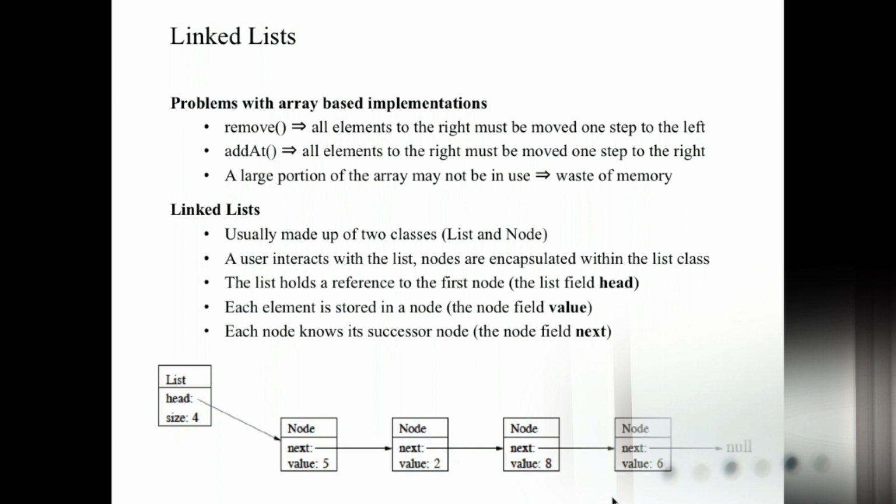Okay, and in this node class, we have two attributes again. The one attribute is a value, like a data value, and the other attribute is next.